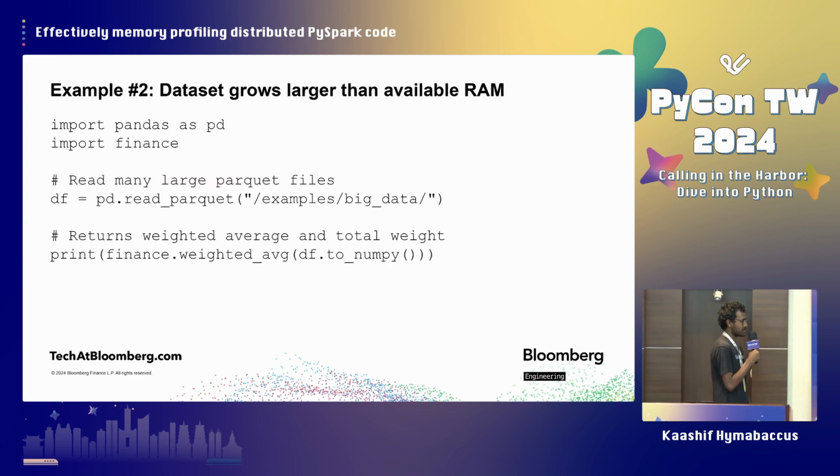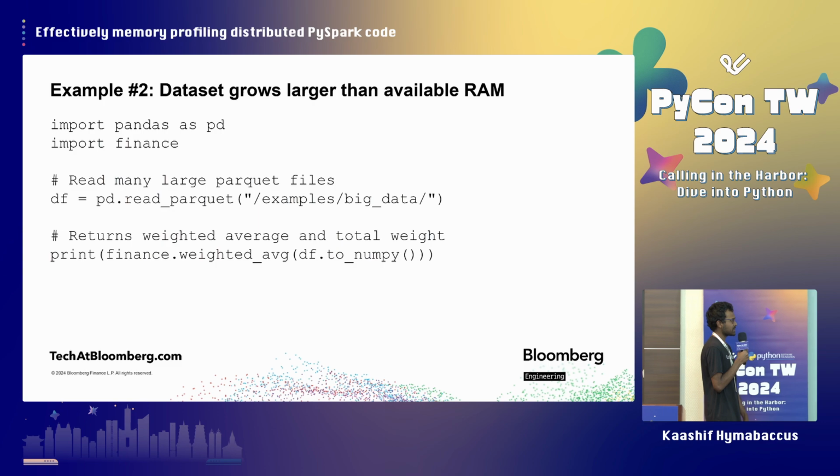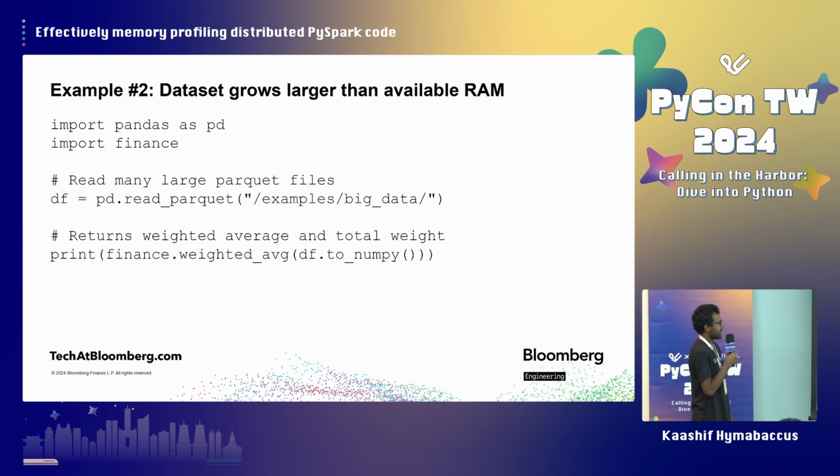Now here is the problem that we're going to be trying to solve. You have a directory of Parquet files, much larger than your available memory. In this case, larger than 1 gigabyte. That's not that impressive, I guess, but in real world scenarios, you can have hundreds of terabytes or petabytes of data, and this starts to matter a bit more.